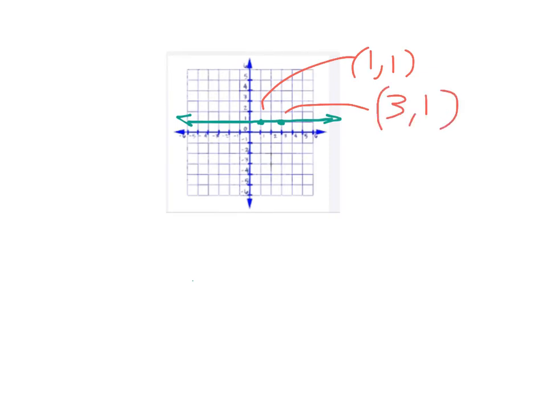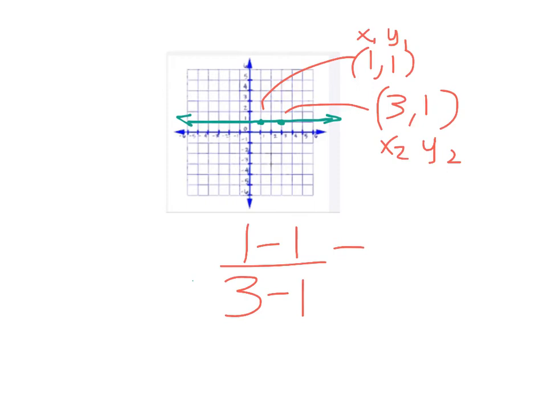I'll do the slope formula. Again, this could be my x2, y2. This could be x1, y1. It doesn't really matter. You still get the same slope. So here, I'll do 3 minus 1 over, no, I'm doing this backwards. That is my x. I need to do 1 minus 1 over 3 minus 1, and I get 0 over 2.